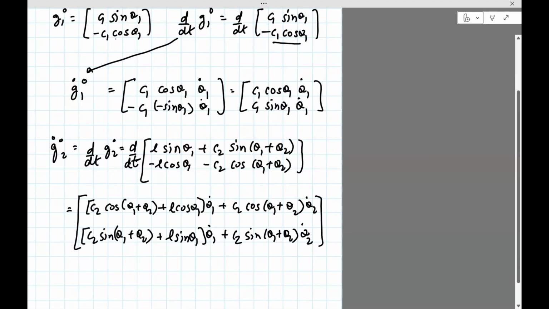Yeah, so you see it's getting cumbersome. So it's just better off writing it by using the symbolic toolbox.